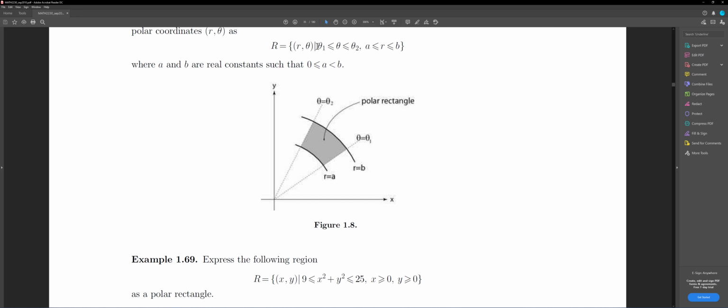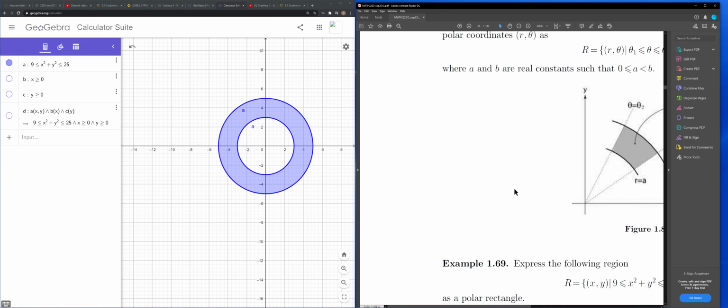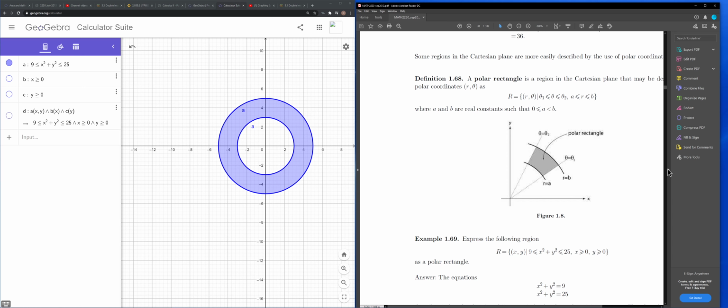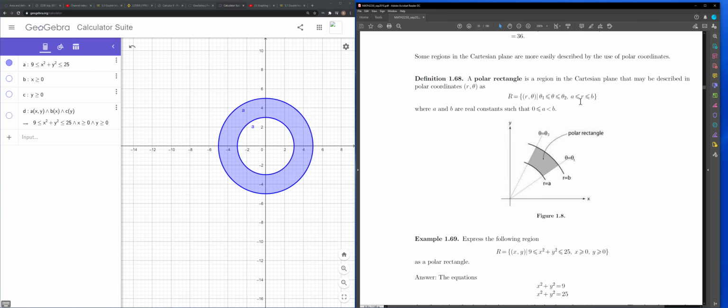And when you combine your inequalities with theta and your inequalities with r, remember your inequality with r over here, this r between a and b is in fact an annulus, right? Your inside radius here is a and your outside radius here is b.